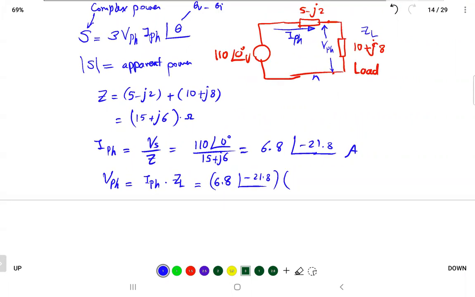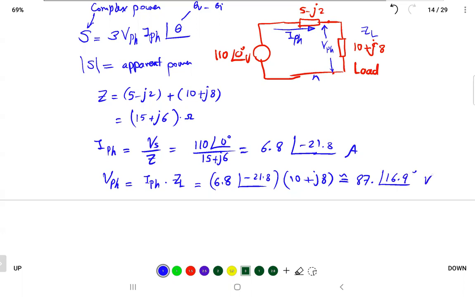And the impedance, you can leave everything as it is and just multiply in the calculator. 6.8 times 10 plus 8, and I got 87, and I'm rounding the answer, at angle 16.9.